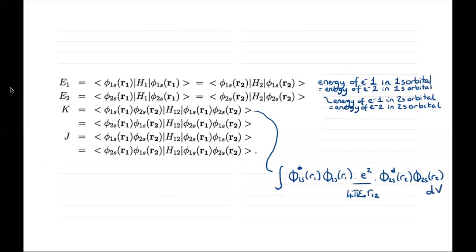And if I think about what this complex conjugate times real part means, I can write it as the square modulus of the electronic wave function squared, which is just equal to the charge density of electron 1 in the 1s orbital.